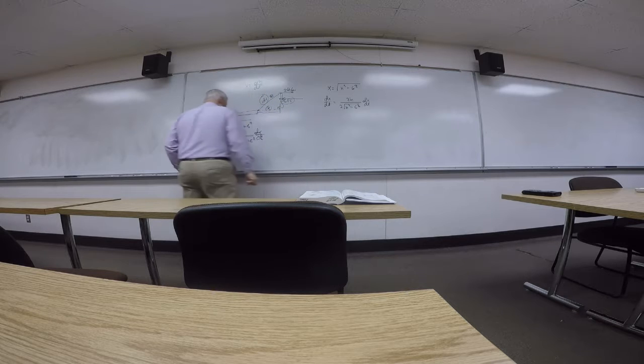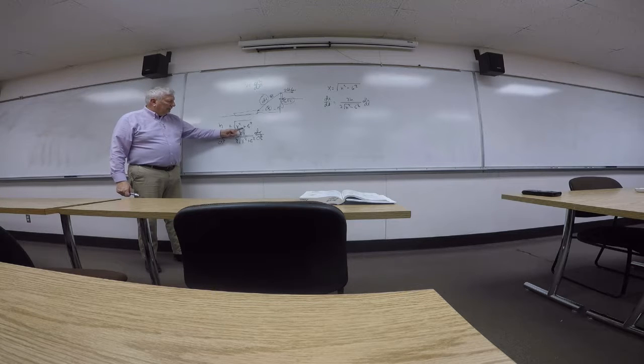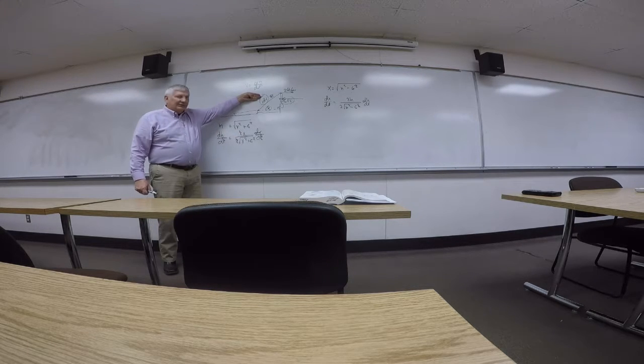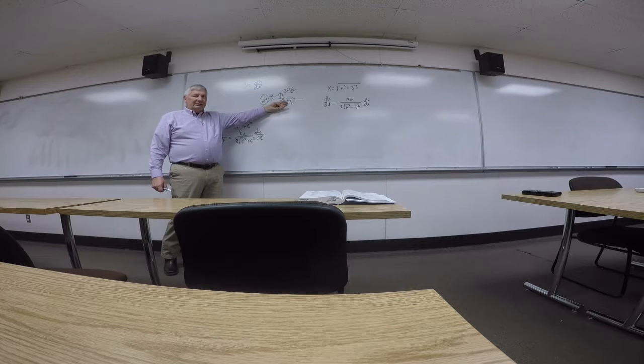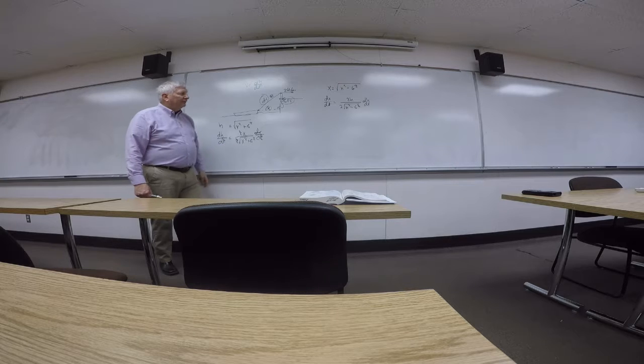So this isn't wrong, but I don't know what x is. That's necessary. Well, I can find out what x is because I know when this is 10, that is 6, and x is 8. So I can still get to dx/dt.